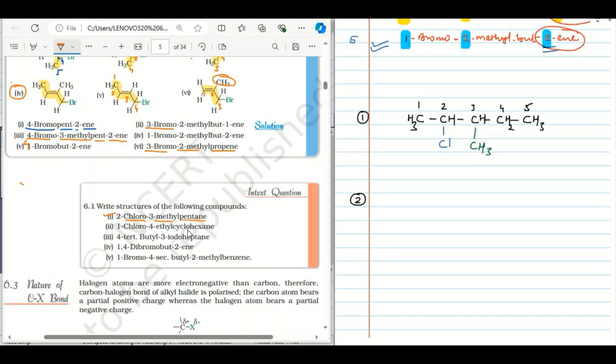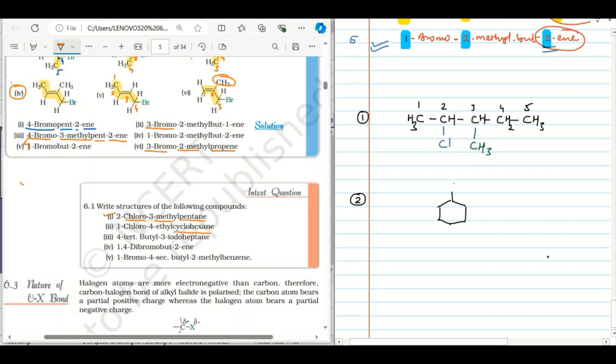1-chloro-4-ethyl cyclohexane. Here cyclohexane is the parent chain. So let's draw the structure of cyclohexane. So this is cyclohexane. 6-membered ring is the cyclohexane. In cyclohexane, there is one chlorine and at 4th position, ethyl substituent is there.